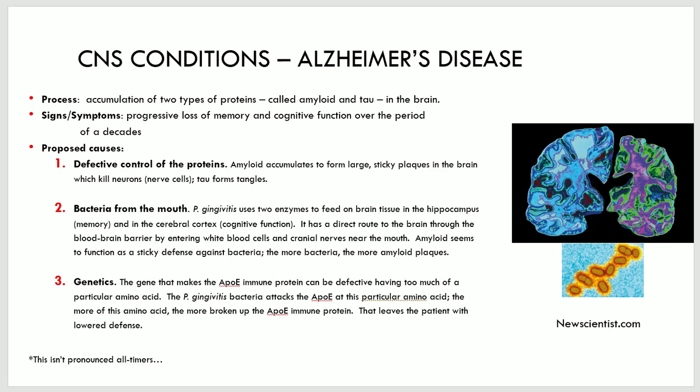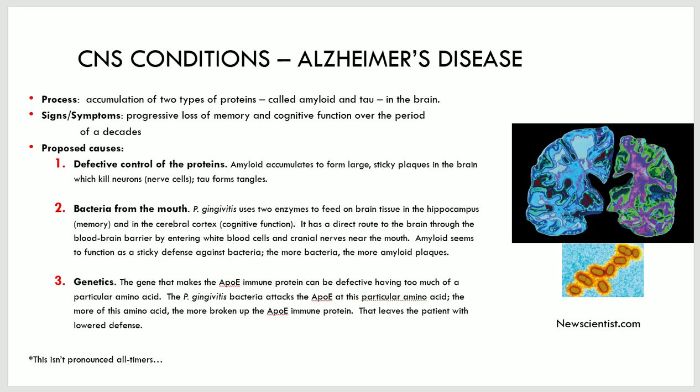But what's causing that defective control of proteins? One new thought is bacteria from the mouth. So a sort of gingivitis bacteria uses 2 enzymes to feed on brain tissue in the hippocampus and in the cerebral cortex. It has a direct route to the brain through the blood-brain barrier by entering white blood cells and cranial nerves near the mouth. Amyloid seems to function as a sticky defense against bacteria.